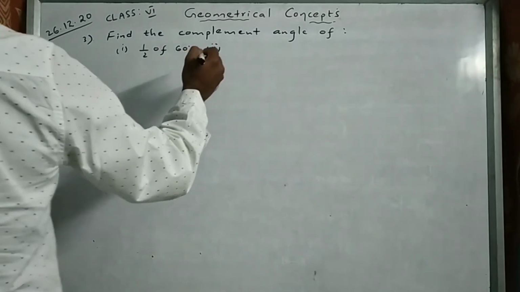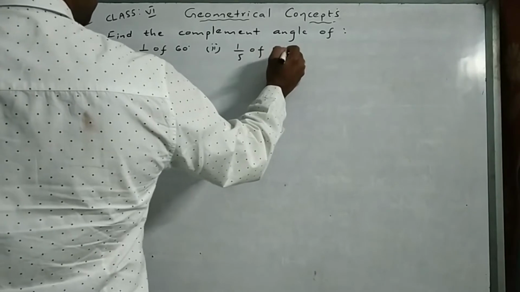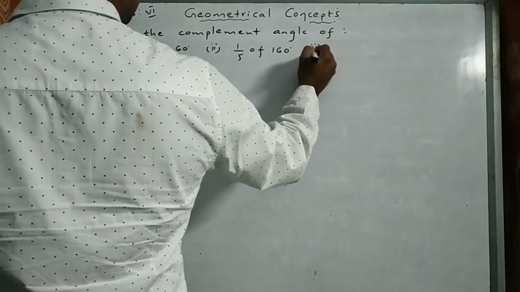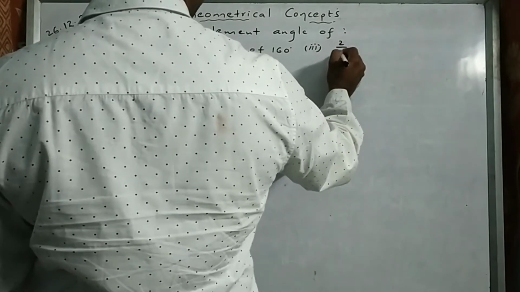Second, 1 by 5 of 160 degrees. Third, 2 by 5 of 70 degrees.